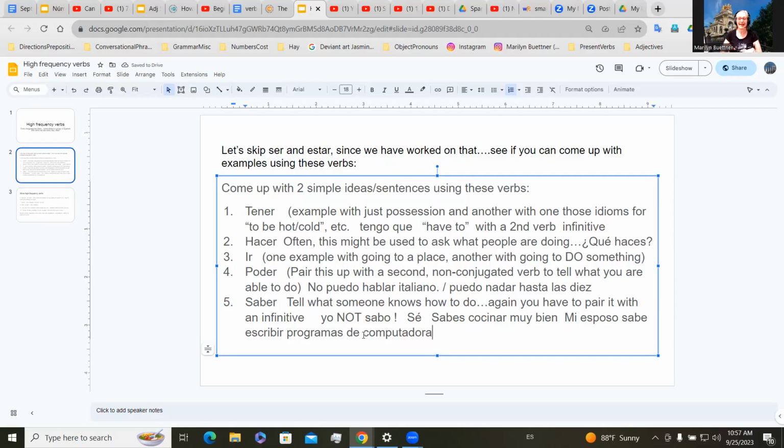Mi esposo sabe escribir programas de computadora. Eso, ¿sí? ¿Sí? Mi hija sabe montar en bicicleta de montaña. My daughter knows how to mountain bike. Vale, ¿sí? And we just combine the two things there. Okay.